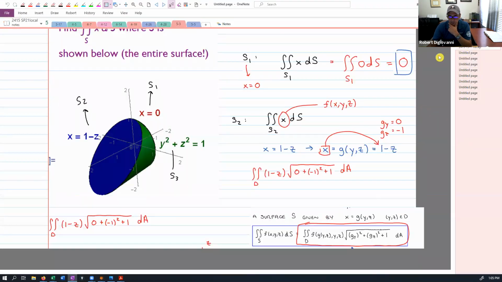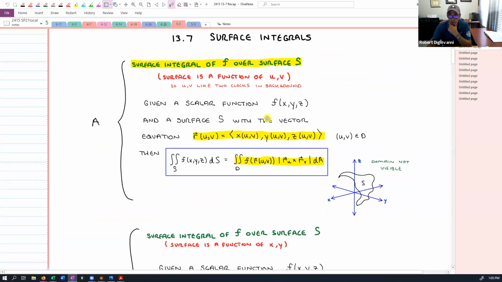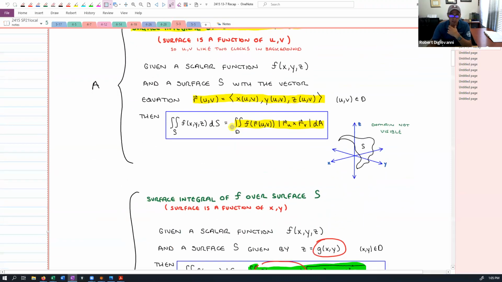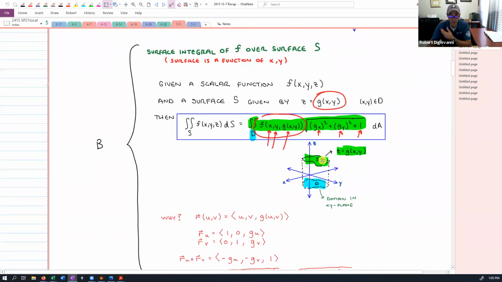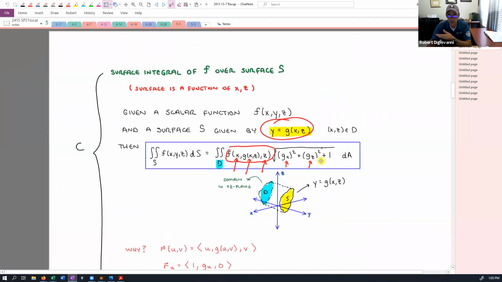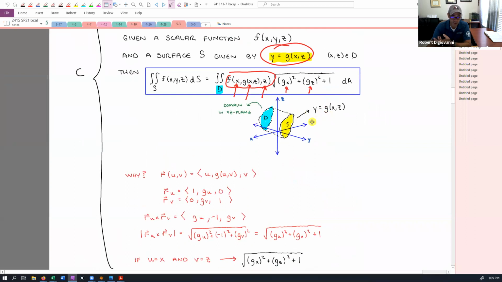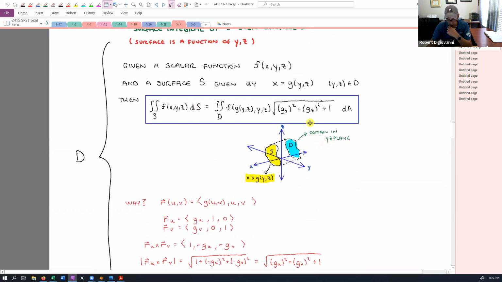We had talked about these different cases when you're doing surface integrals, and that if you just know how to draw the surface with some vector function, then here's what you have to do for a surface integral. But there were three special cases in which your surface was a function of x and y, or x and z, or y and z. There are these special cases, right? So we did that last time.